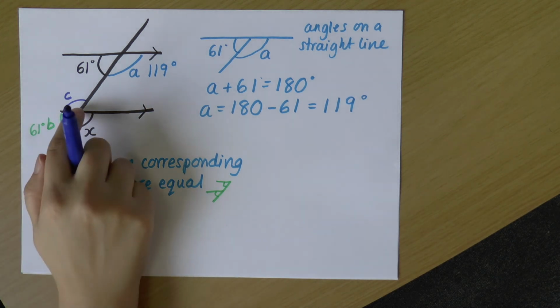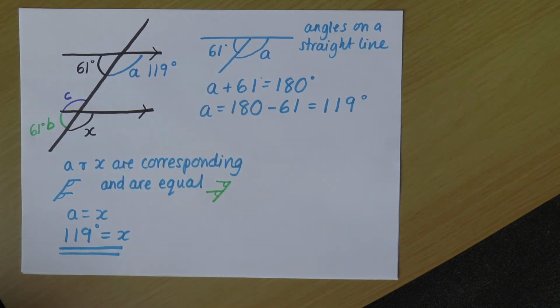And I can then see that C and X are vertically opposite angles, and vertically opposite angles are equal. So there are loads of different ways that I can do this type of question, and it's completely up to you which you choose. There is no correct answer, as long as we're using the correct terminology, such as corresponding angles, co-interior, etc.